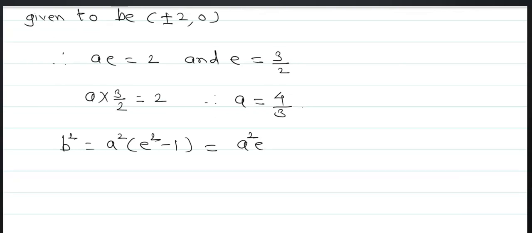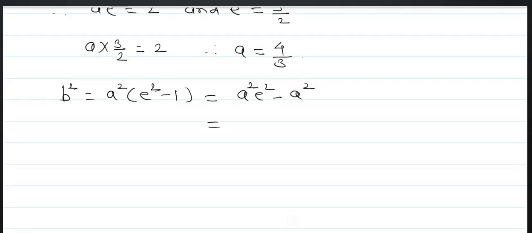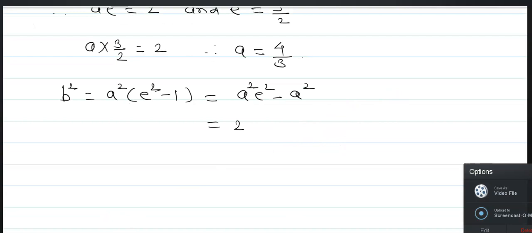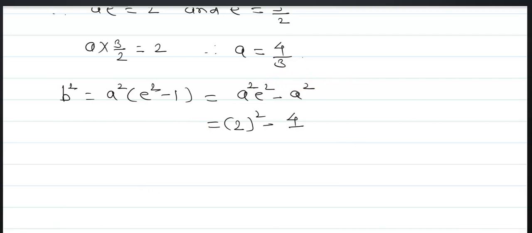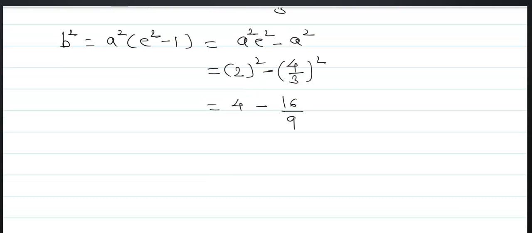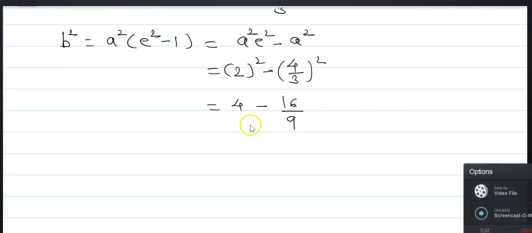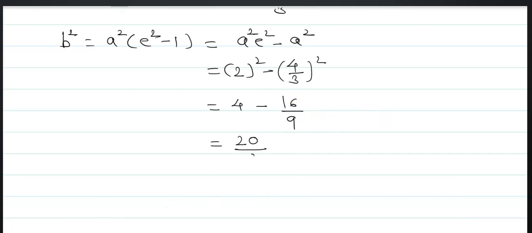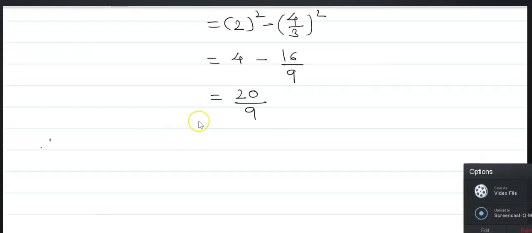b square equals a square (e square minus 1). After substituting, we will get a square e square minus a square, that is 2 square minus (4 upon 3) square. Simplification: 4 minus 16 upon 9, that is 20 upon 9.